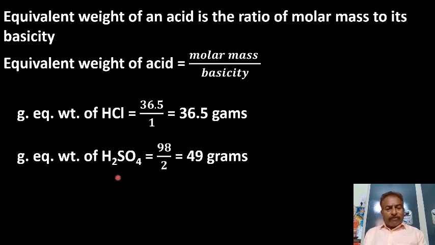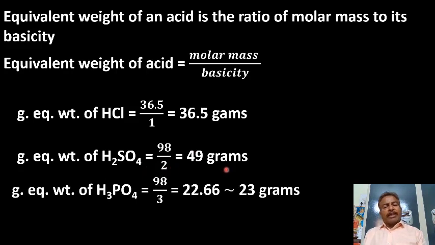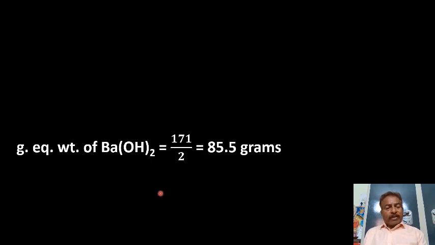The gram equivalent weight of sulfuric acid is 98 by 2, that is 49 grams. For phosphoric acid H3PO4, the molar mass is 98 and its basicity is 3, since it has 3 replaceable hydrogen atoms, so it is 32.66, that is approximately 33.